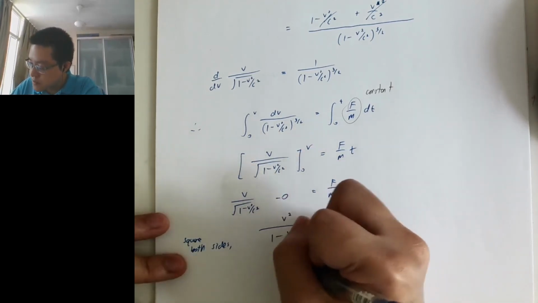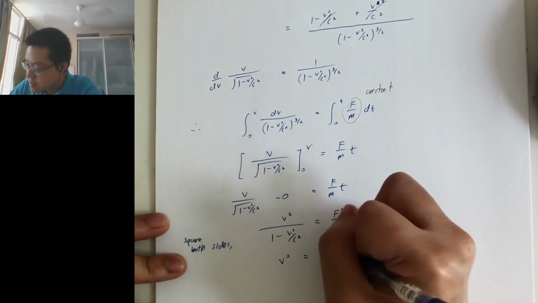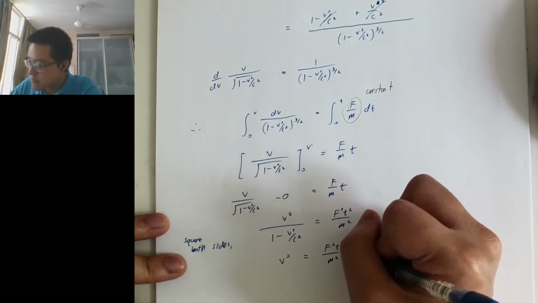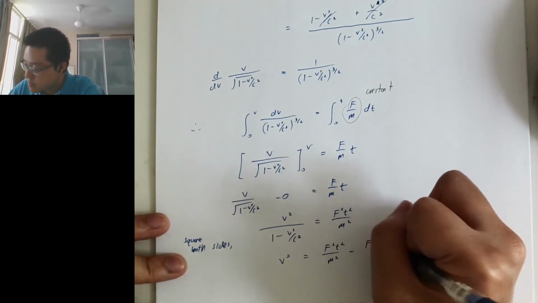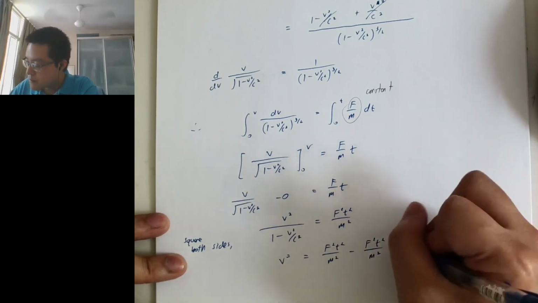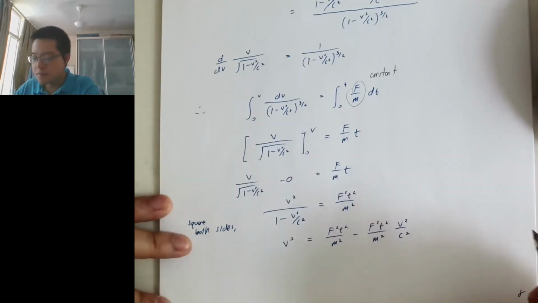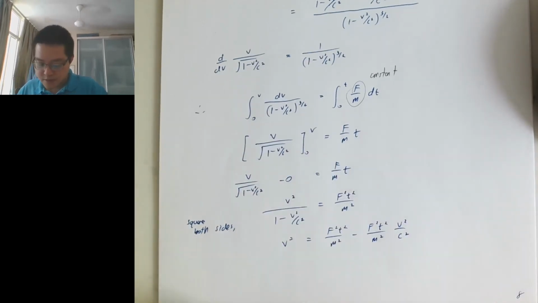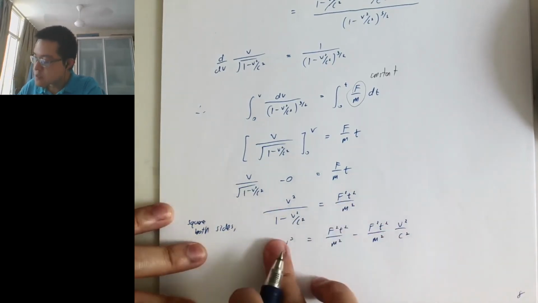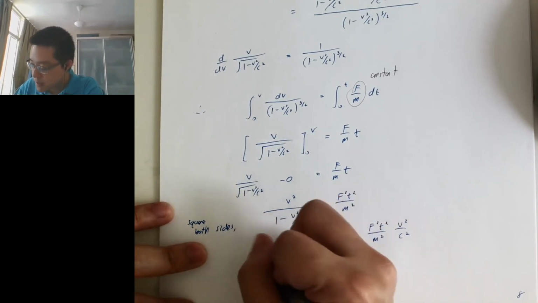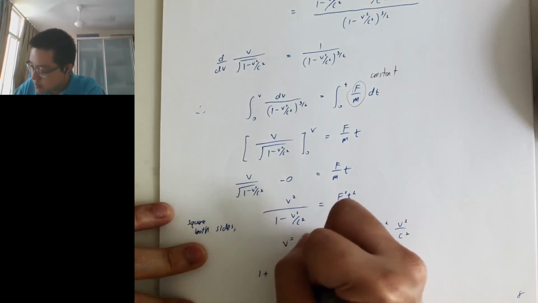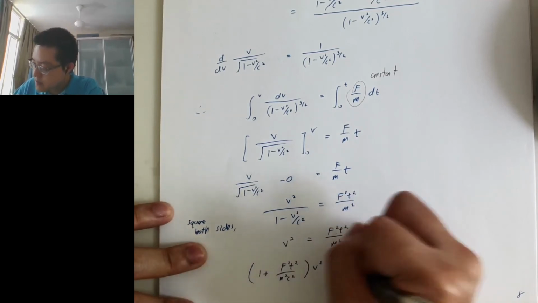And then so that my v squared is this thing minus F squared t squared over m squared times v squared over c squared. Okay, then I bring this over. So let me check if I made any mistake. I need to bring this over to plus, right? So both terms have a factor of v squared. So if I bring this over to plus, I got 1 plus F squared t squared over m squared c squared. This whole thing times v squared.